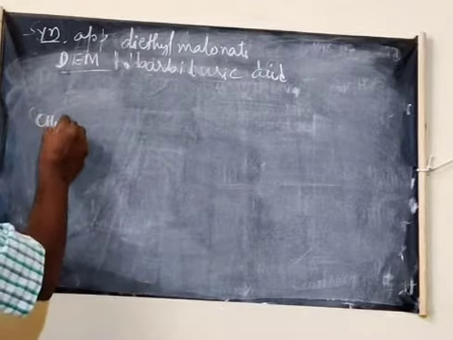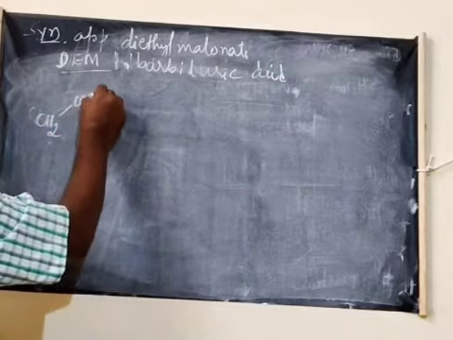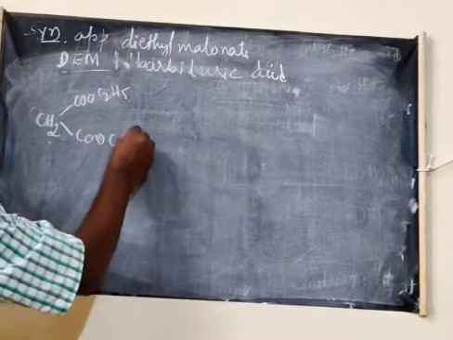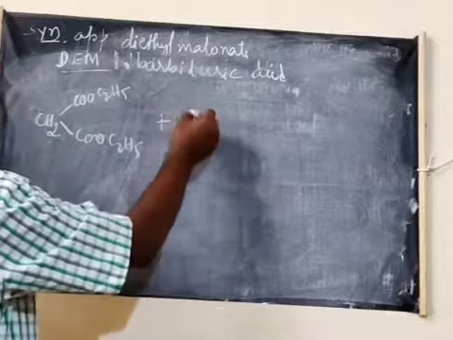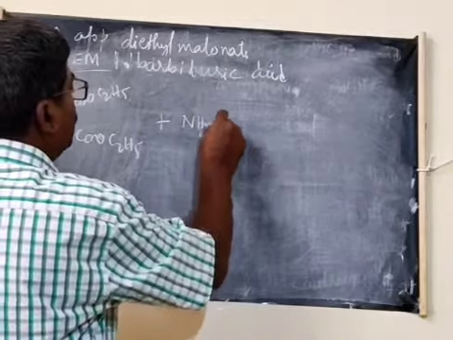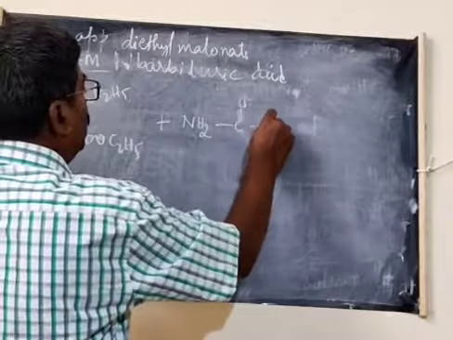CH2(COOC2H5)2 with urea, NH2 C double bond O NH2.